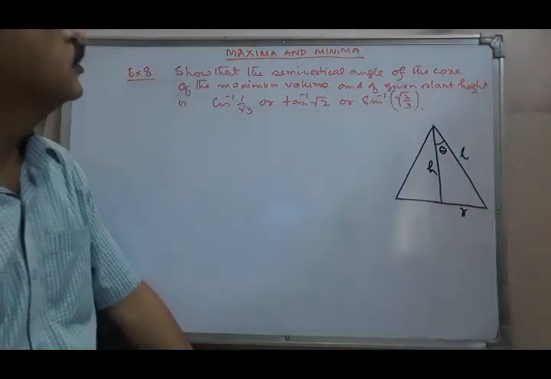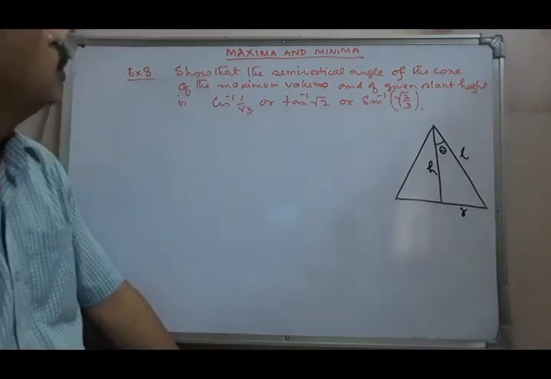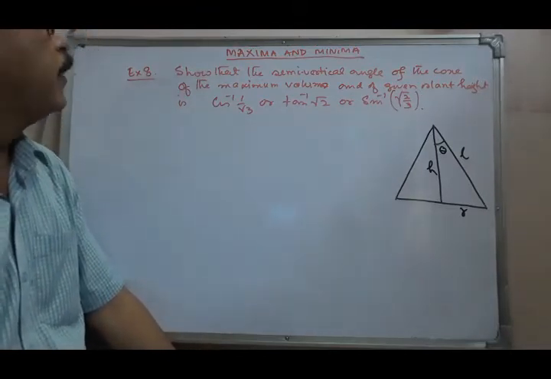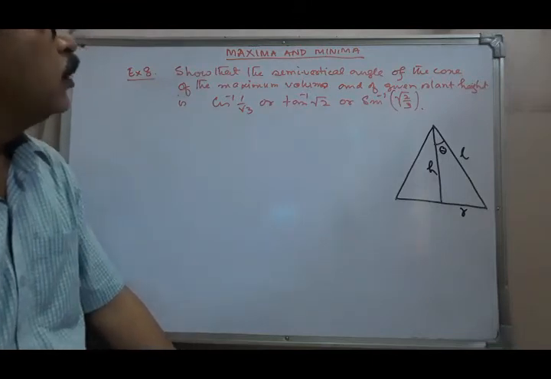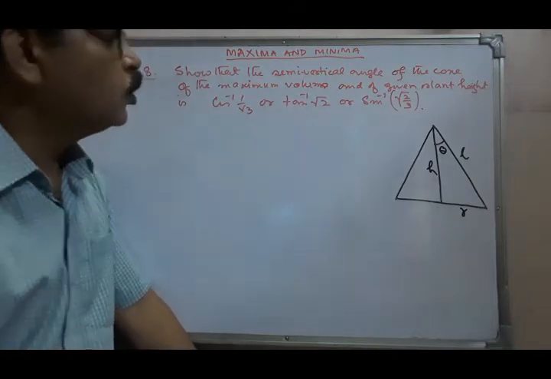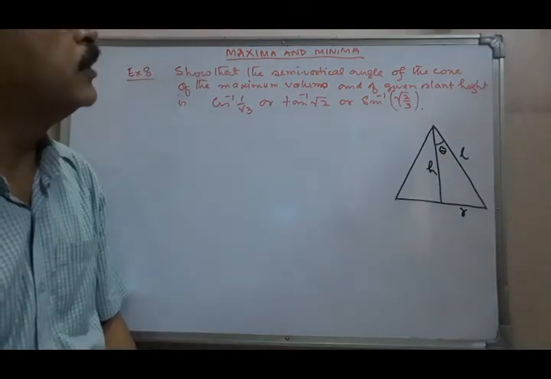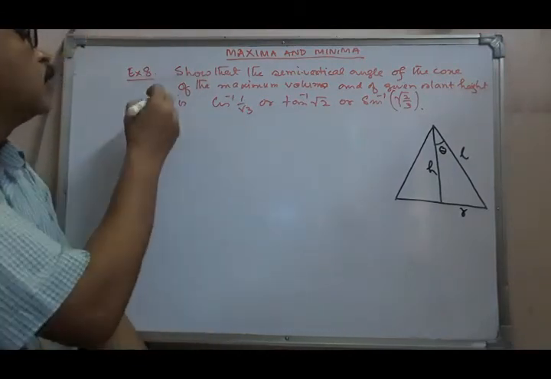Example number 8. Show that the semi-vertical angle of the cone of the maximum volume and of given slant height is cos inverse 1 by root 3, or tan inverse root 2, or sin inverse root 2 by 3. Solution.